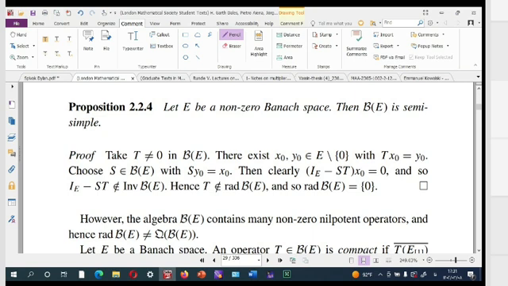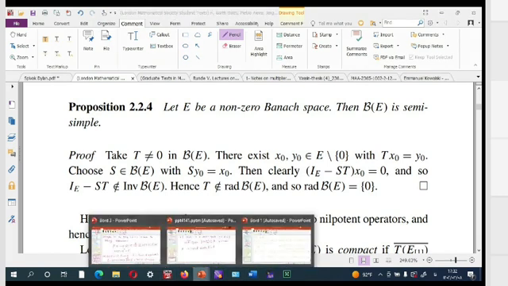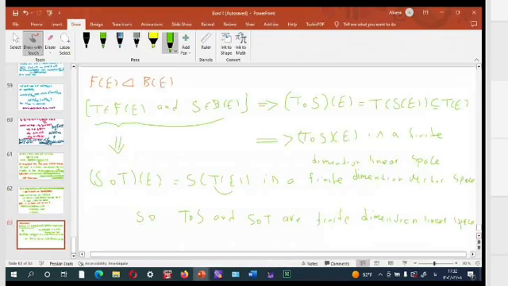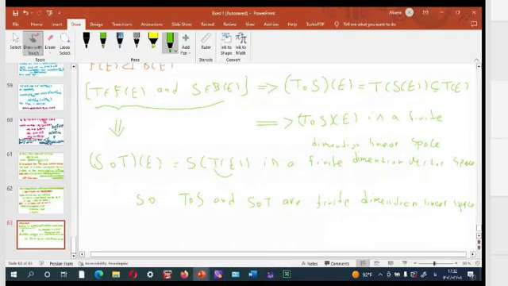Then clearly we have (I_E minus ST)(x0) equal to 0.